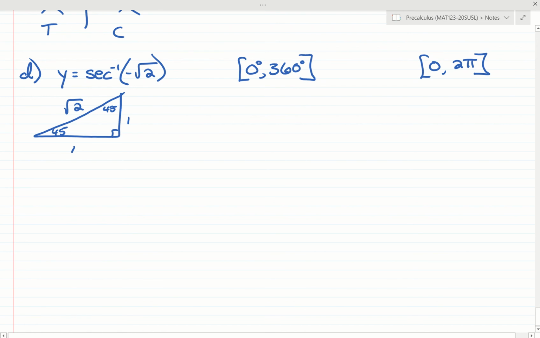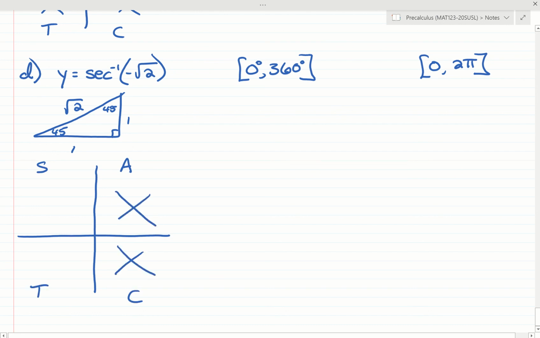But we want to get negative root 2. So let's figure out what quadrant secant would be negative in. We don't want to draw it here or here because secant, like cosine, would be positive in those quadrants.